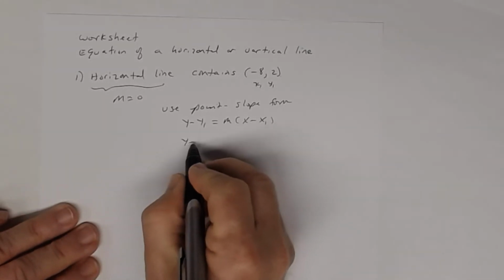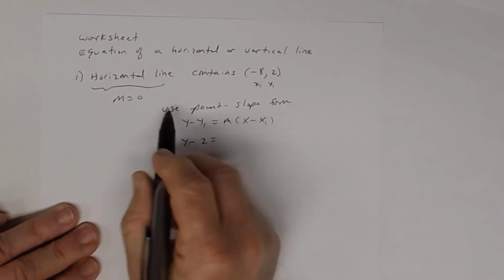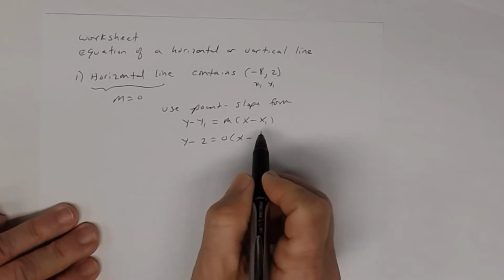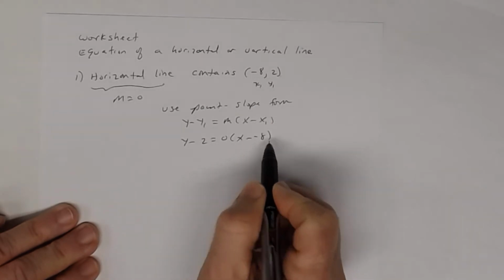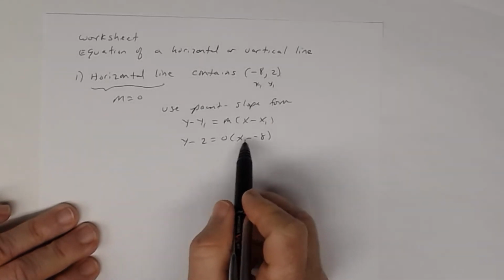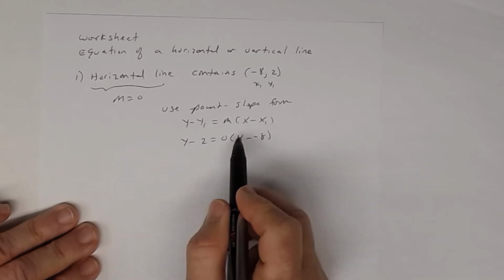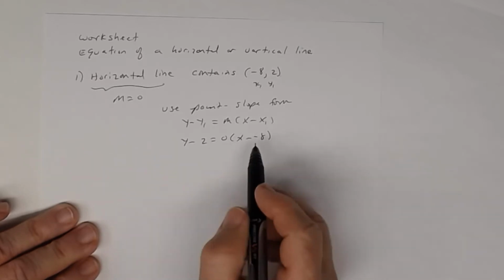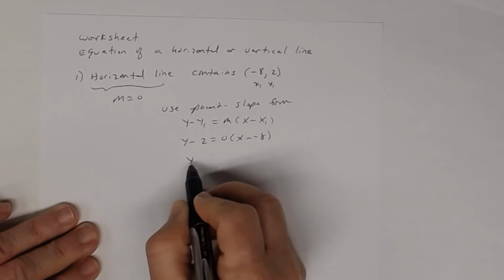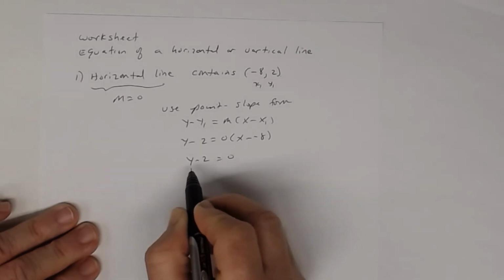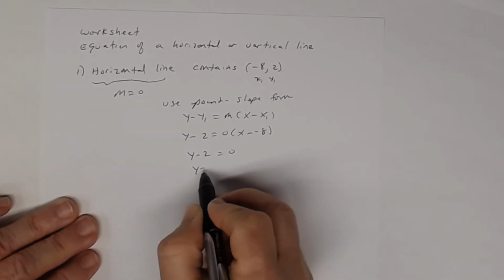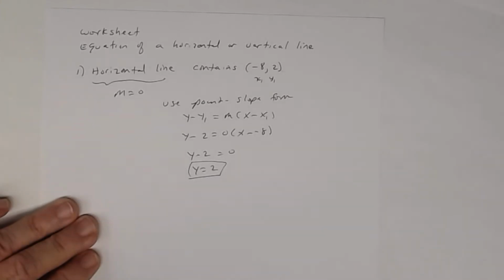So I get y minus 2 equals the slope, which is 0, times x minus x1, which is x plus 8. And 0 times any expression is 0, so I get y minus 2 equals 0. Getting y by itself, I get y equals 2. And there's the equation of that line.